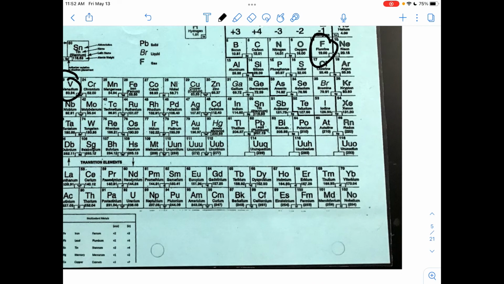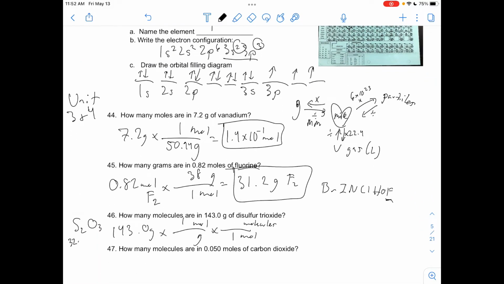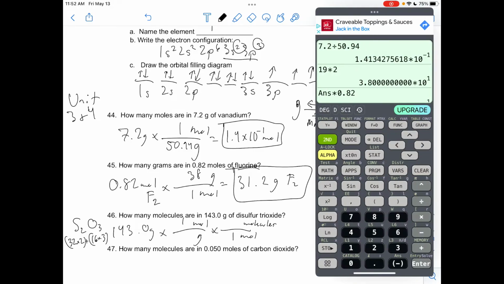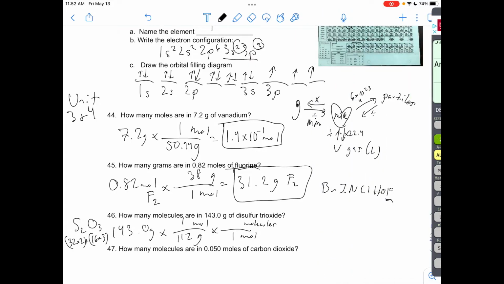Sulfur is 32 and oxygen is 16. So it's going to be 32 times 2 added to 16 times 3 for the molar mass. So that's 64 added to 48. Okay, so I get 112 grams.